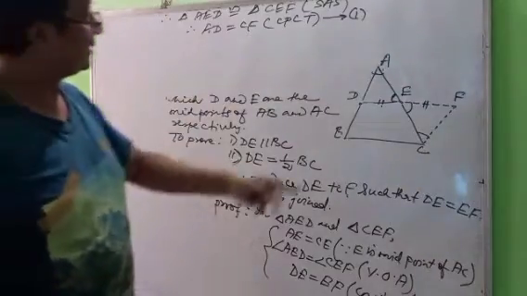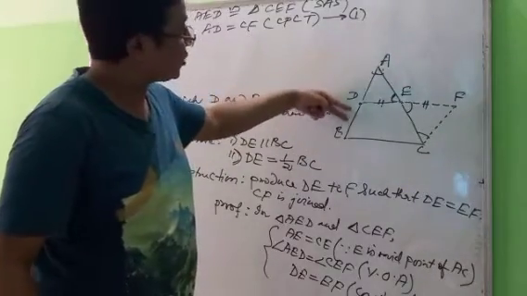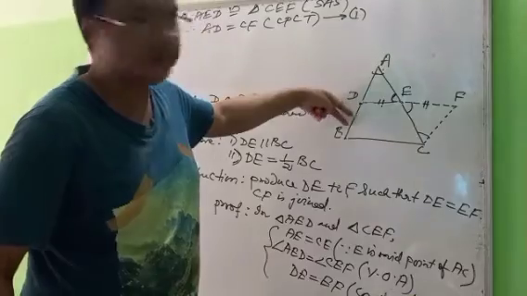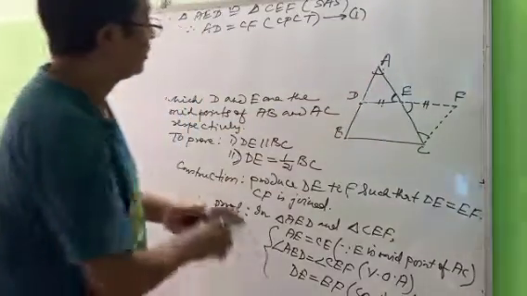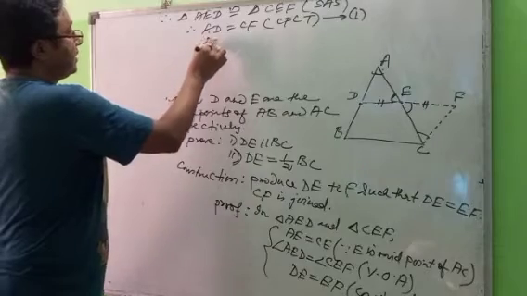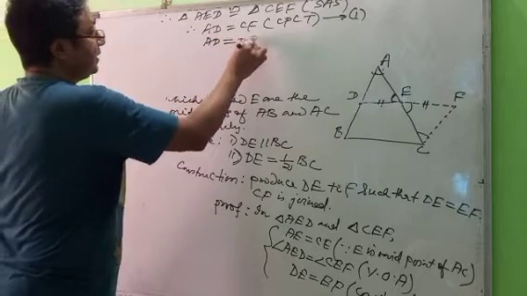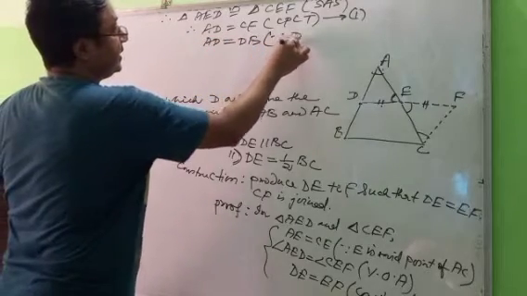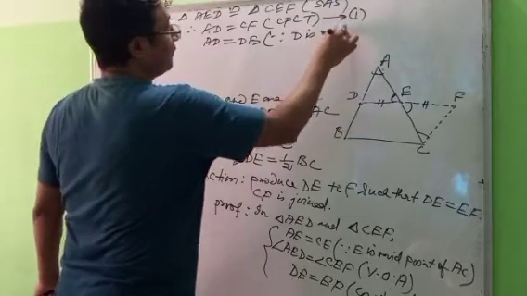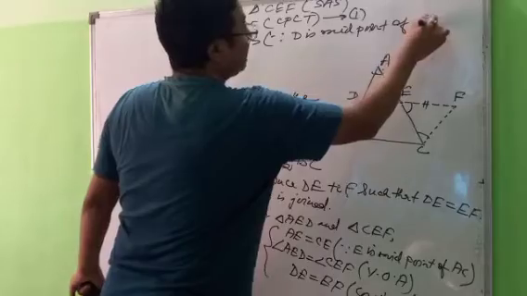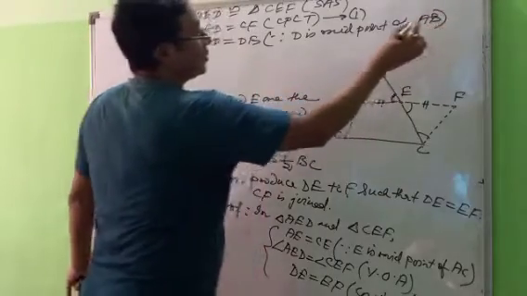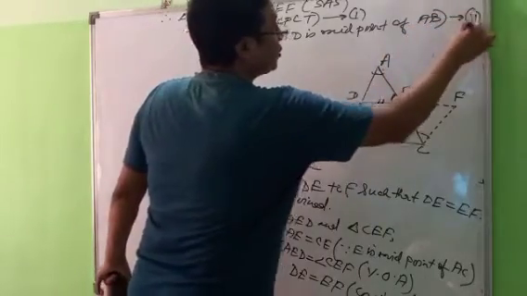Again you got that AD equals to DB, because D is the midpoint of AB. So this is equation number 2.